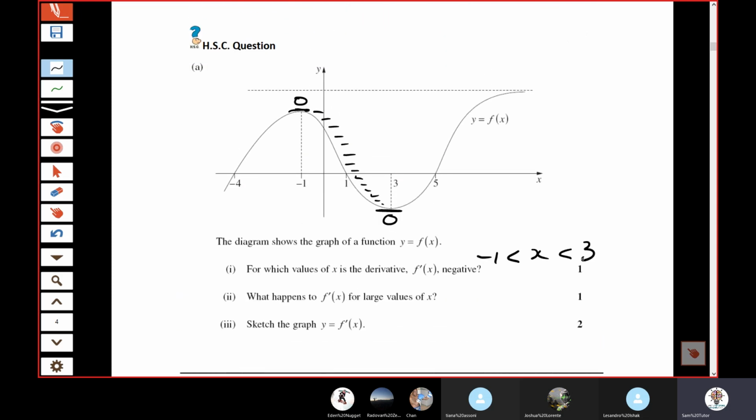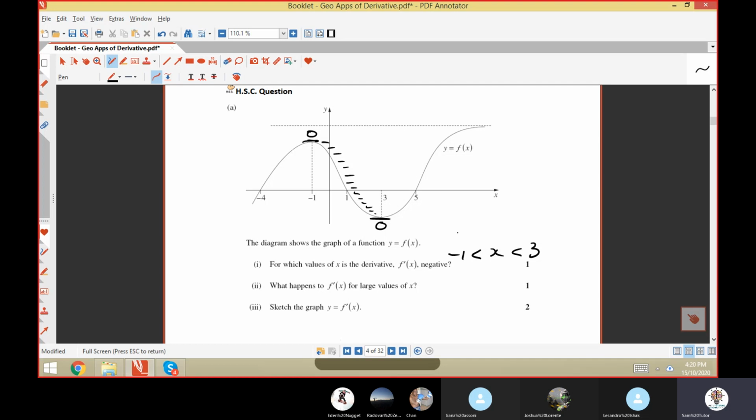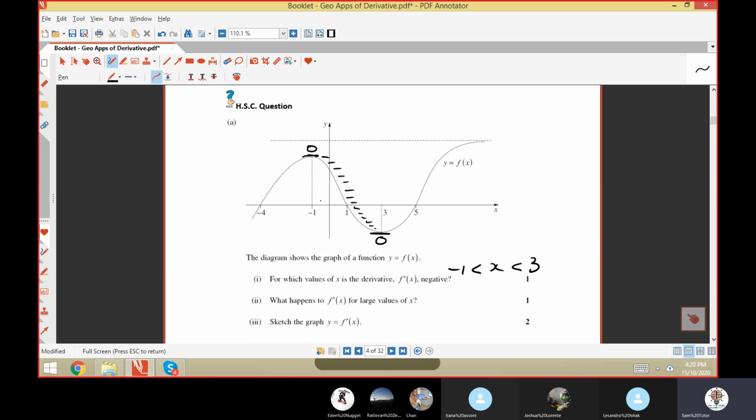Let's go back. The question asks for the derivative f dash, for which values is y dash less than 0? So when y dash is less than 0 is when the slope of your curve is negative.